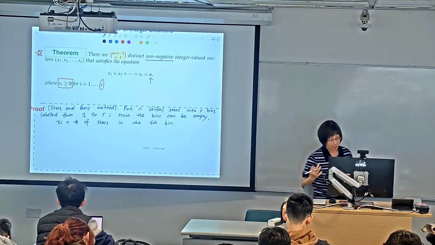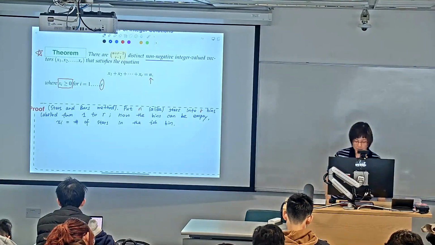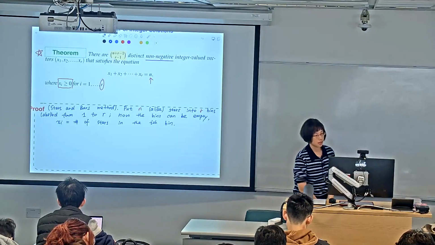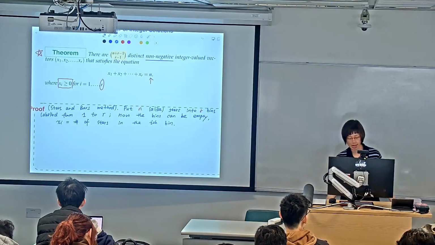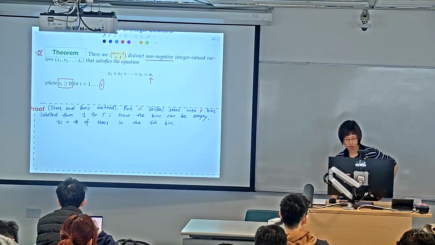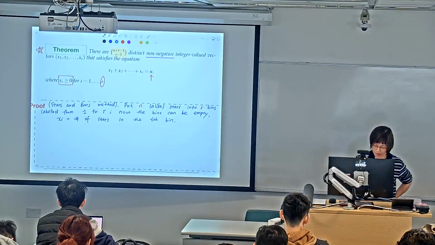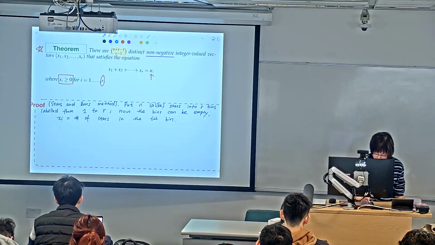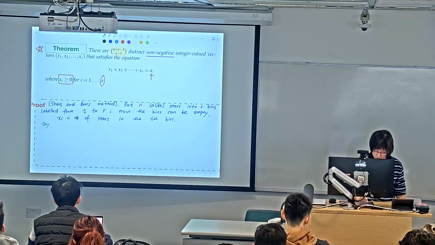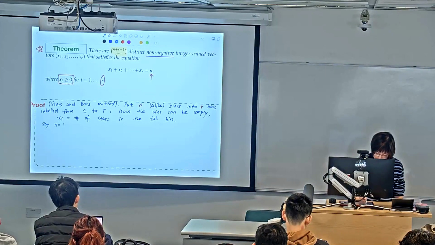So now we need to figure out how we are going to arrange the stars and the bars such that we can accomplish this task. We can also just think of small examples to help us understand how we can make this work.